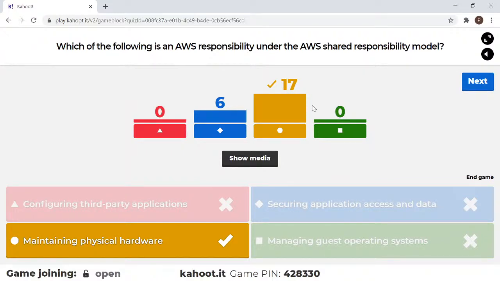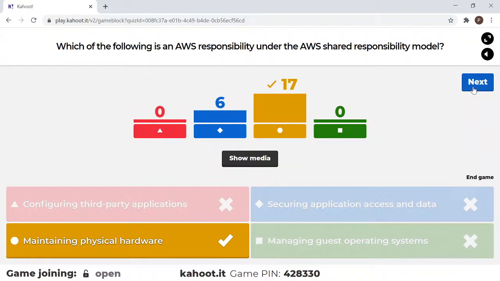AWS does provide a lot of tools, for example IAM, and a host of other tools even to protect your application access and data. If you're using S3, then there are ways to secure the data in S3. Or if you are using networks, then there are ways to secure your network using NACLs or subnet groups, or your overall infrastructure using WAF or Shield. But it will be the customer's responsibility to configure that.